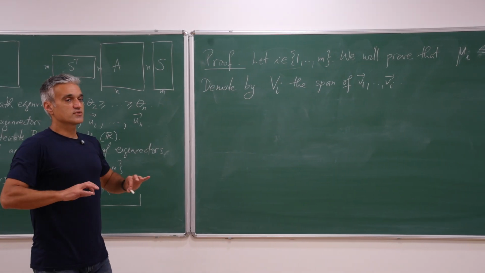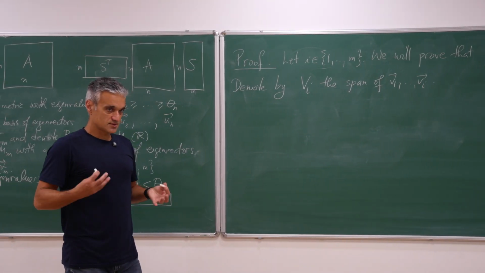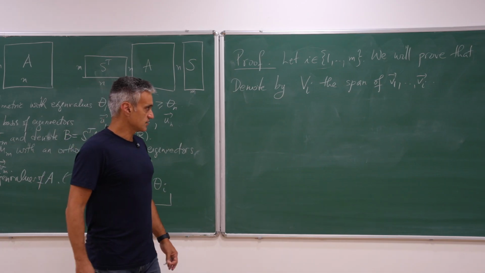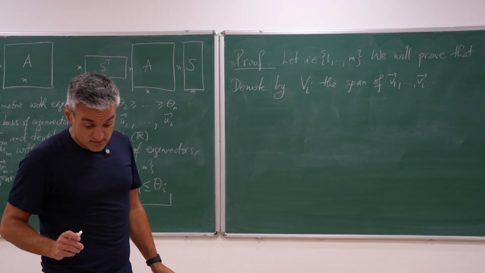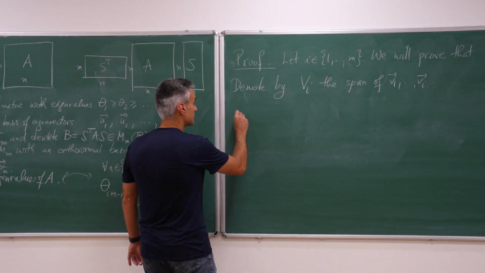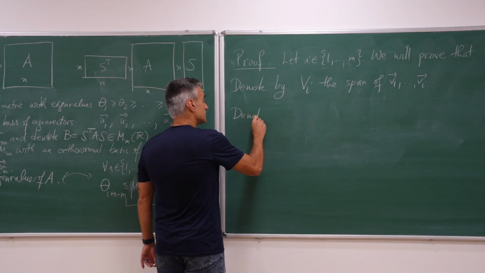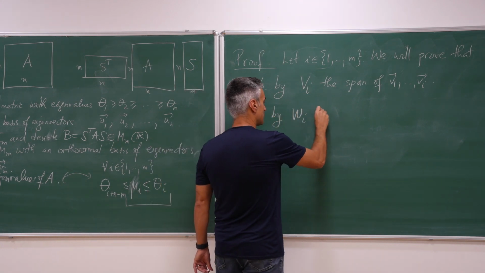But now we have to have a connection between the two eigenvalues via some kind of intermediate, this double agent that I talked to you about. So now I will define something that at first glance is going to be a little bit scary. Denote by Wi.